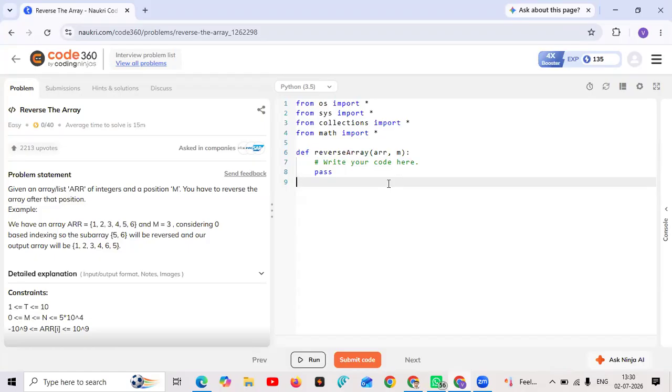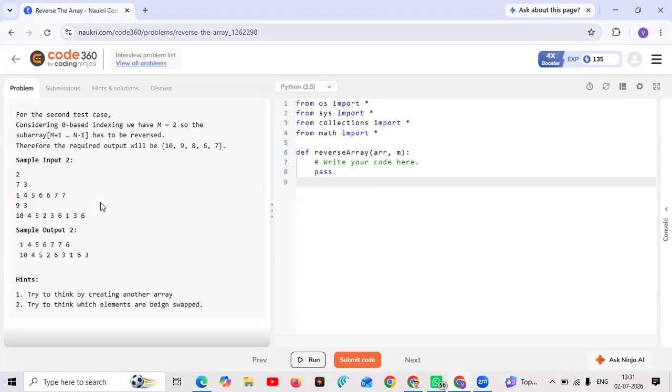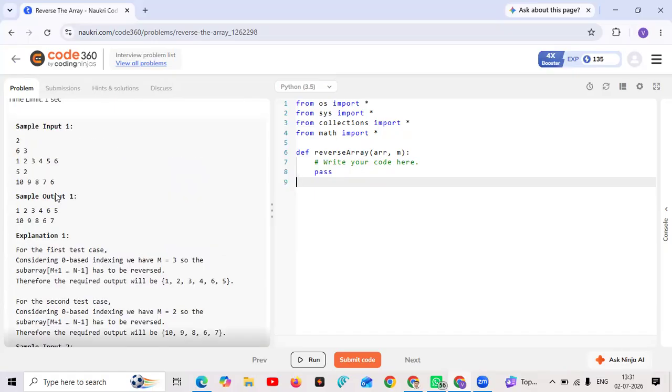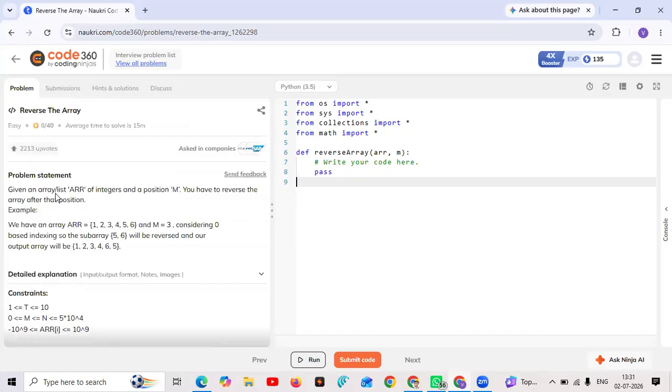It is visible on the screen. I will first explain with these cases only. Also, one more thing: I will be using the second solution, so first let's check the code.